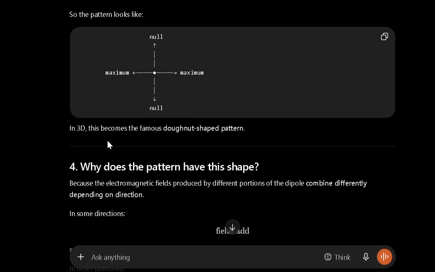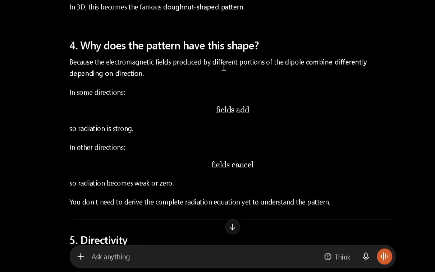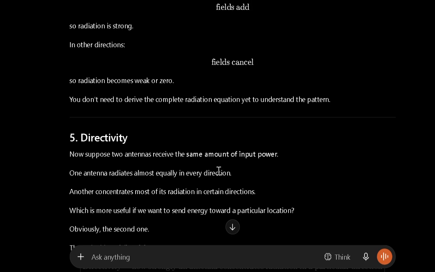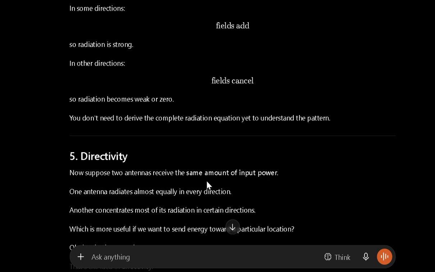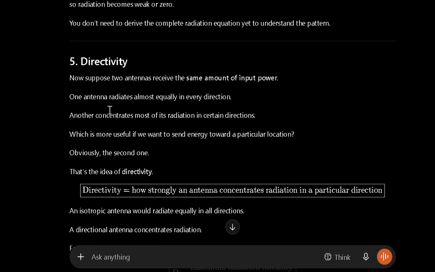Why does the pattern have this shape? Because the electromagnetic field produced by different portions of the dipole differs depending on the direction. This is the reason.